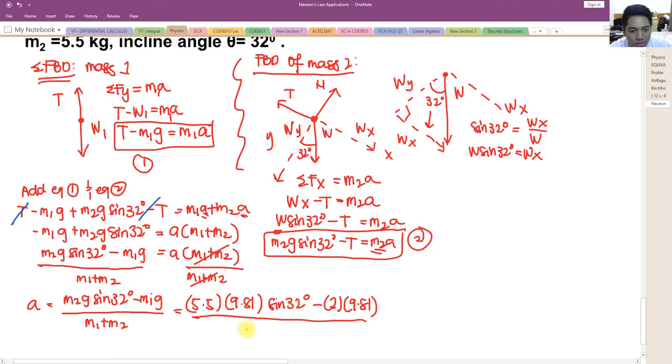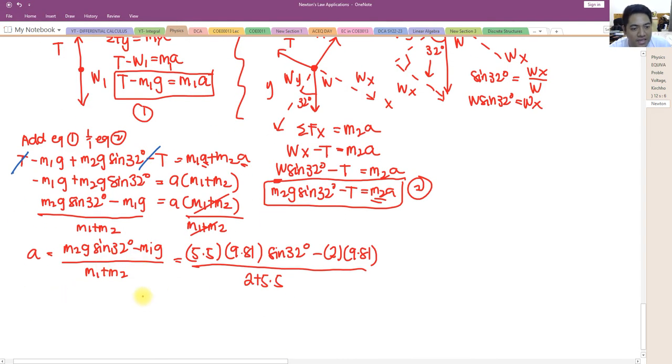So M1 is 2 plus 5.5, and that will be the acceleration of the system. What's the answer? That's 1.2 meters per second squared.